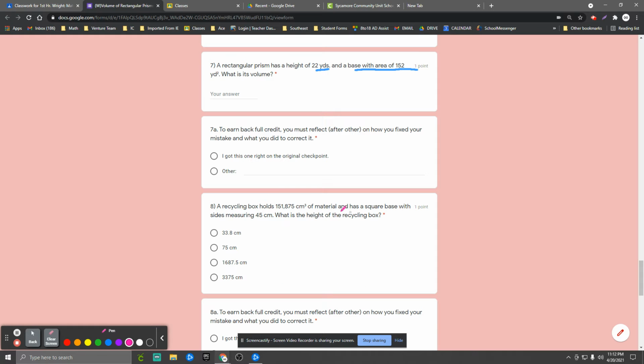This next one was a little tricky. My guess is some of you did not realize this set a square base with sides measuring 45. So that means at least the base has a length of 45 and the width of 45.